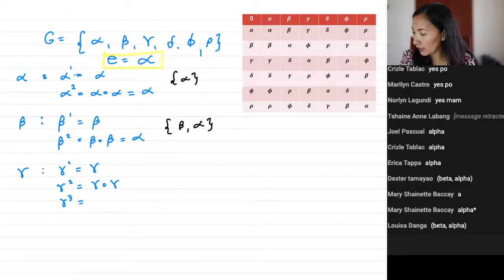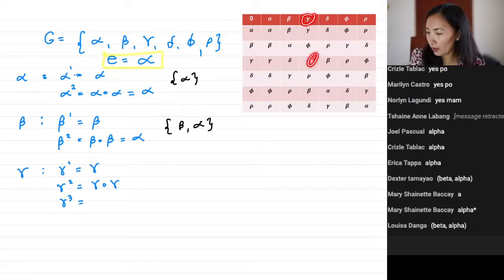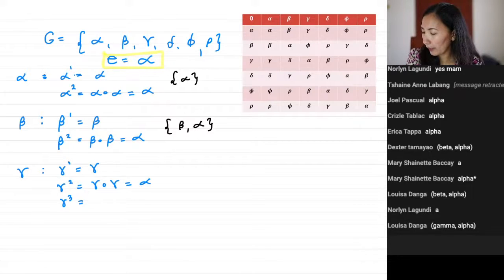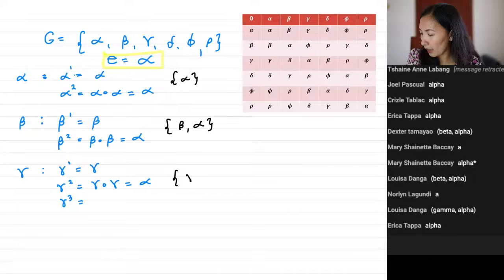Gamma circle gamma is equal to alpha. So we stop with this also. Let me write it down: gamma, alpha.